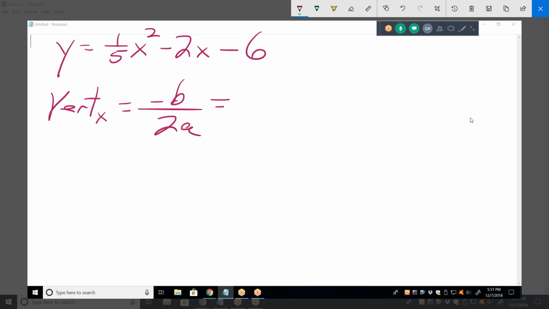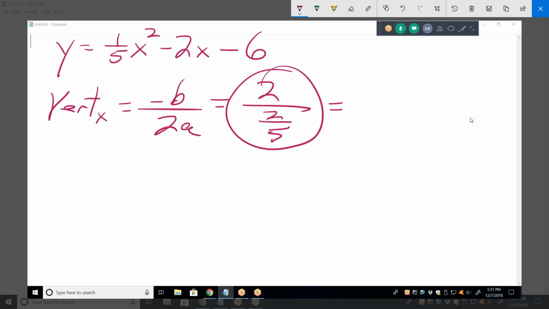2 over 2/5. What number is that equal to? How do you divide by a fraction? You flip and multiply. Okay, so I would multiply 2 times 5 over 2.